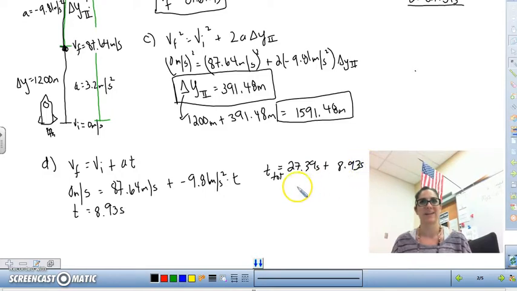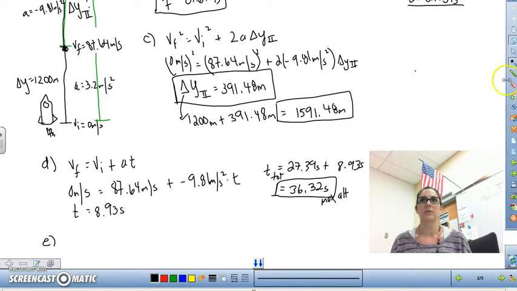There we go. And then what we get when we do that is 36.32 seconds. So that's part D, or total time. So that's the time to the max altitude.